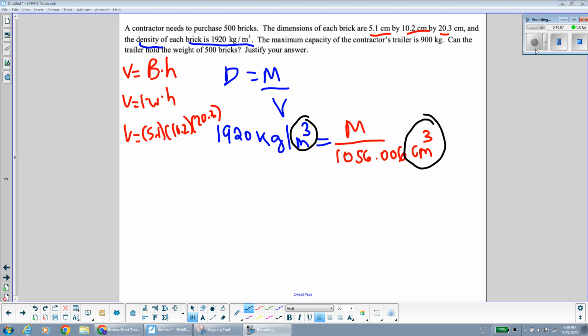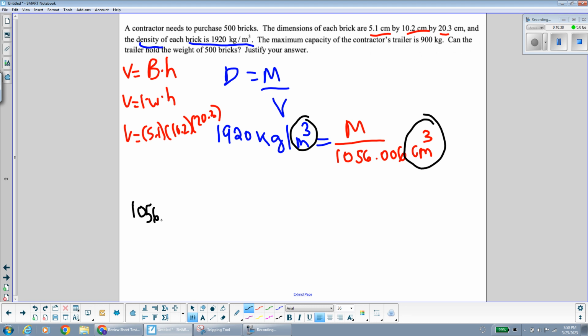So I'm just going to take my volume and divide it by 100 cubed. I can't just divide it by 100. The reason for that is I am not going from centimeters to meters. I'm going from cubic centimeters to cubic meters. So I'll write this on the side.